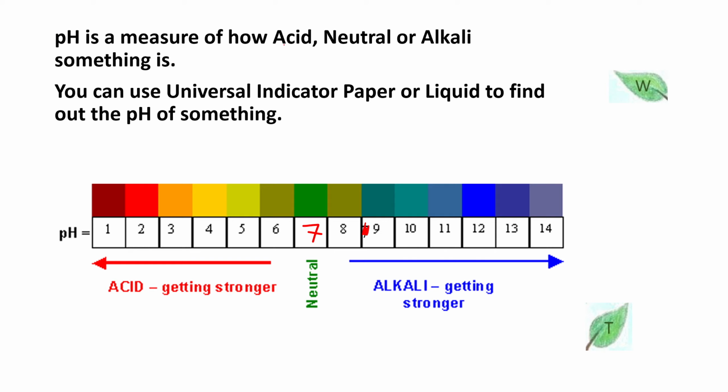pH is a measure of how acidic, neutral, or alkaline something is. Now, water is the only really true neutral thing, and then depending on what you've got, depends on how acidic something is. For example, stomach acid. The acid in your stomach is about pH 1.